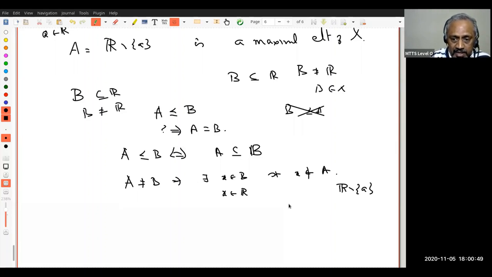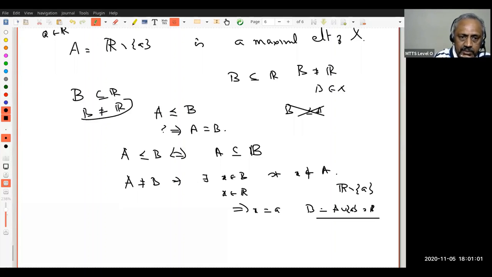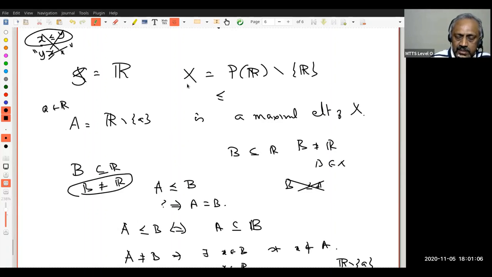If x is equal to a, what does it mean? B is A union the singleton a, which is R. But that's a contradiction, because B is not equal to R, because B is in X, and X is all proper subsets of R. You follow that? Take your time. Do not be in a hurry.